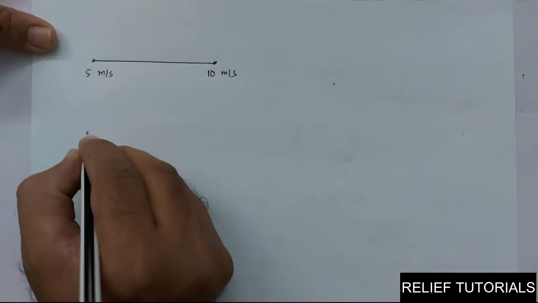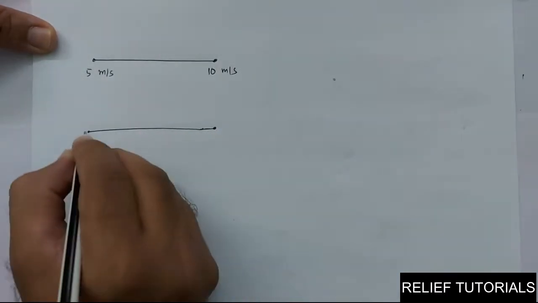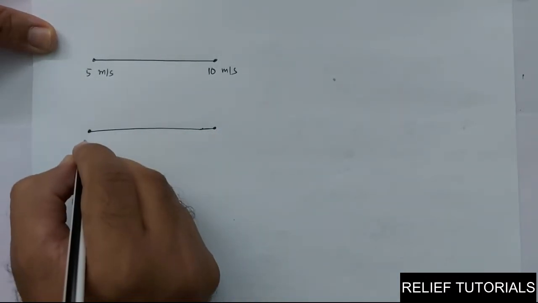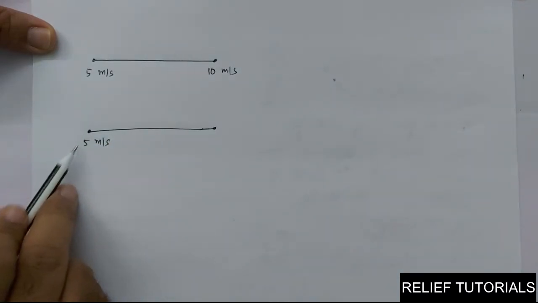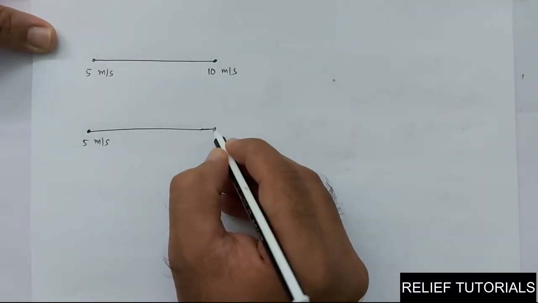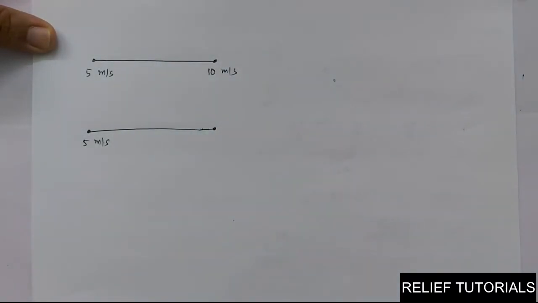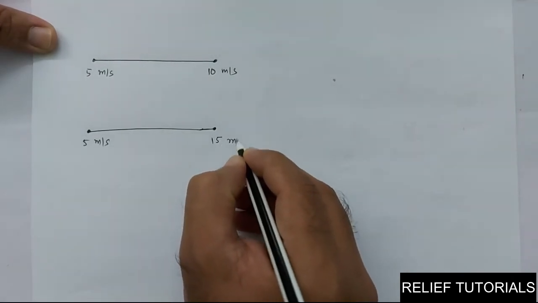Another example: here the velocity of a particle at this point is 5 meter per second, and at this point the particle's velocity is 15 meter per second.